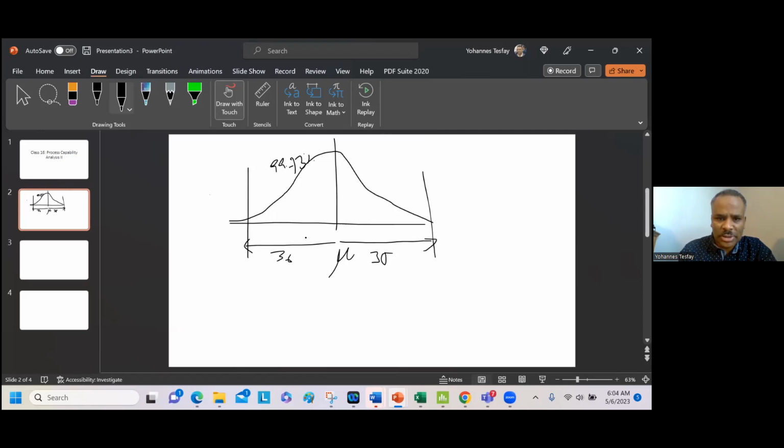And these are like risk or error. So error is non-conformance. This is non-conformance, and this is also non-conformance.